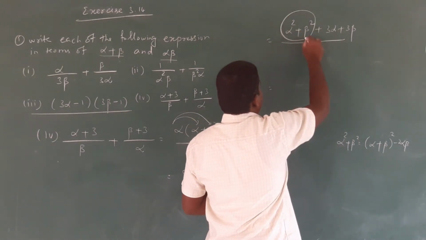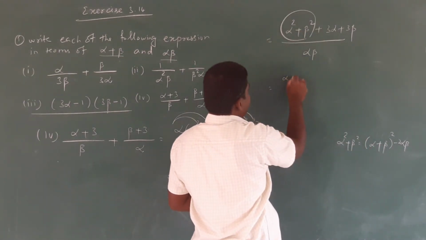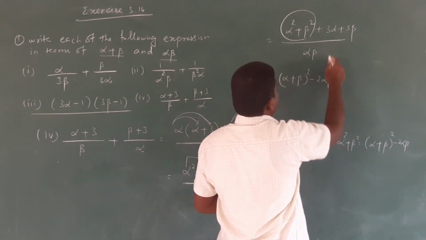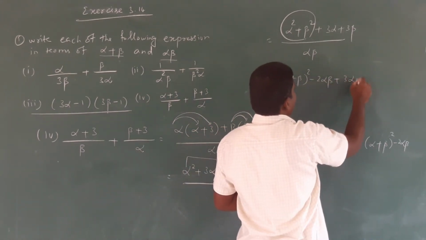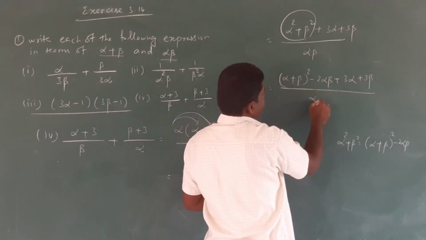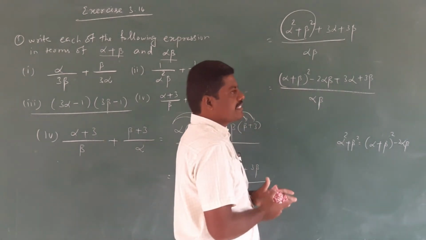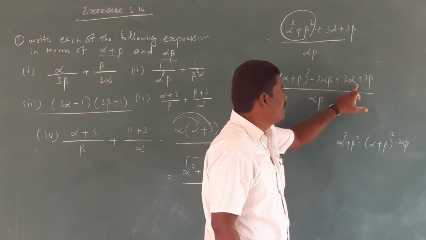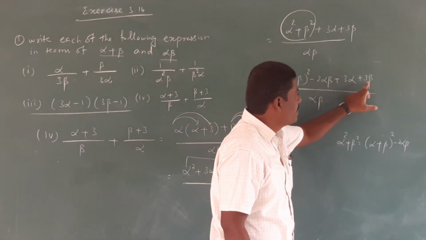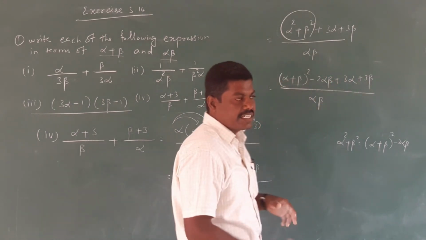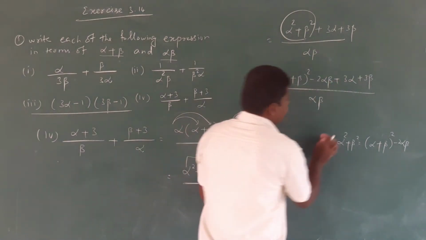So instead of this, we can write alpha plus beta whole square minus 2 alpha beta plus 3 alpha plus 3 beta, divided by alpha beta. Now our answer is in the form of alpha plus beta, and here 3 alpha and 3 beta are separately there. So from these two terms you take 3 outside. Then only you can answer.